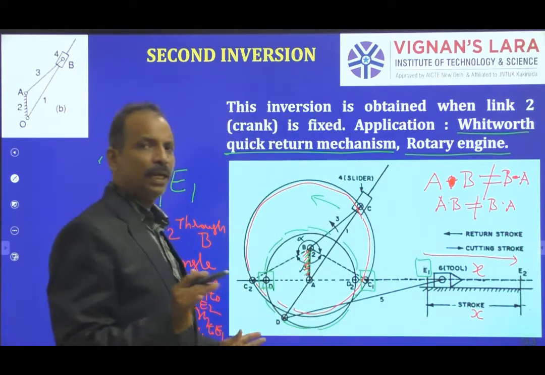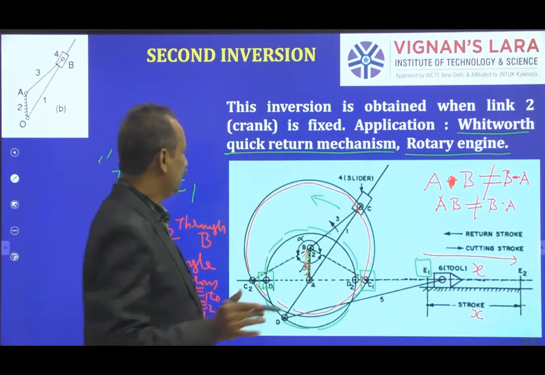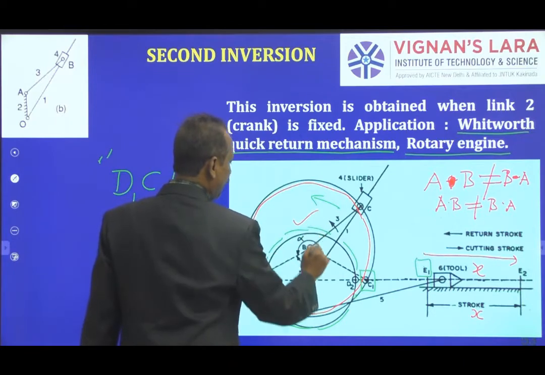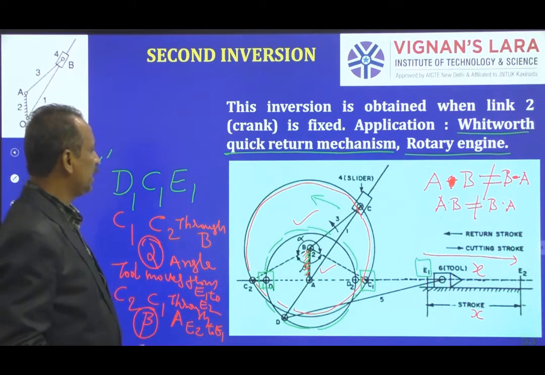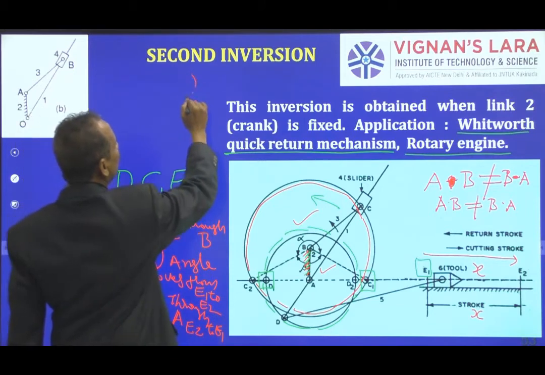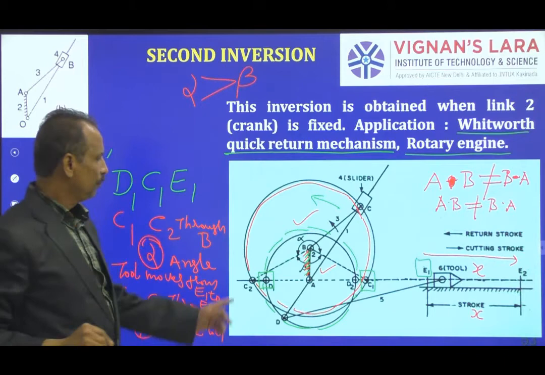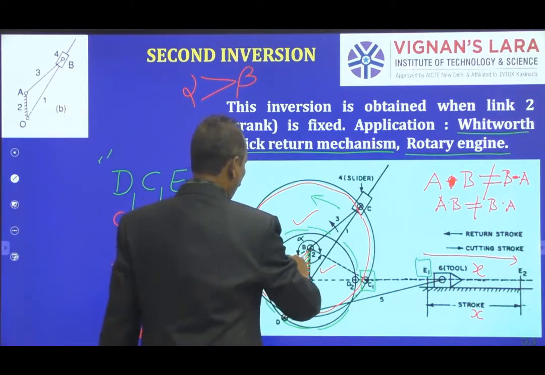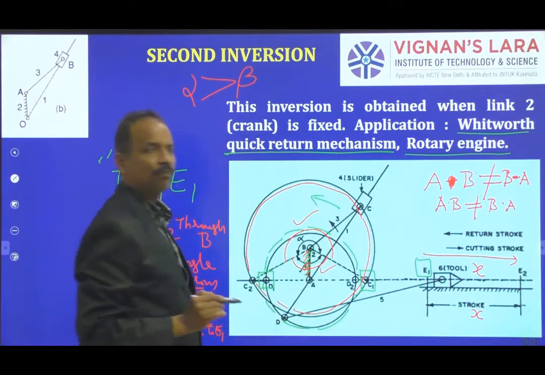But the time taken to complete this operation is not the same. It is a function of these angles alpha and beta. If you check here, alpha is greater than beta.